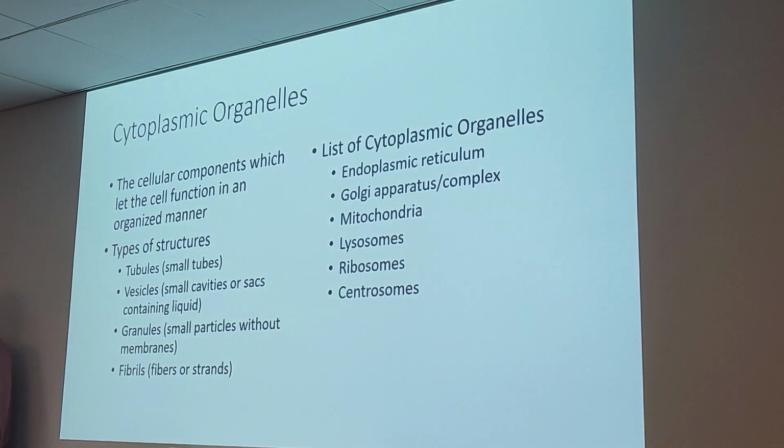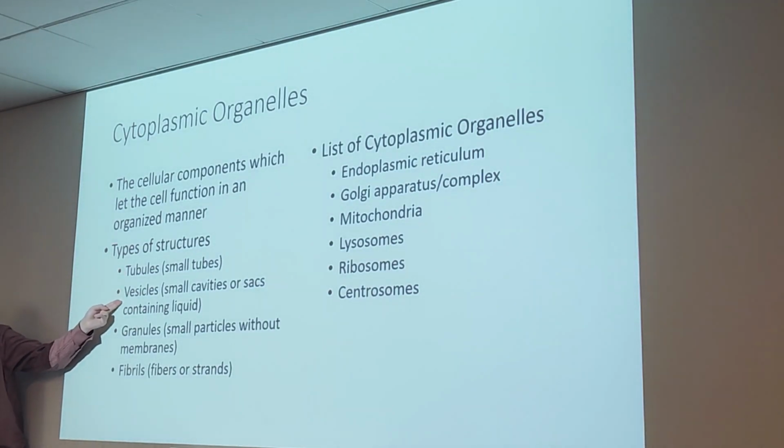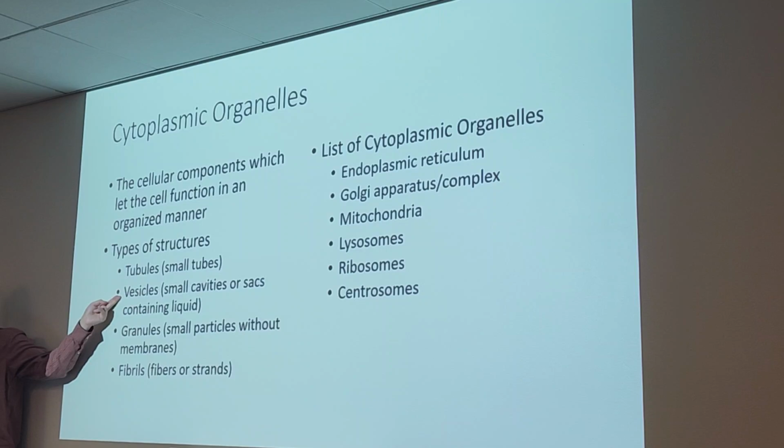So, what sort of things can we find inside the cytoplasm? As far as organelles go, like cellular structures, we have a whole bunch of things. General structures are things like tubules, which are small cellular tubes. Vesicles, so these are small sacs, small pouches that contain some sort of liquid.